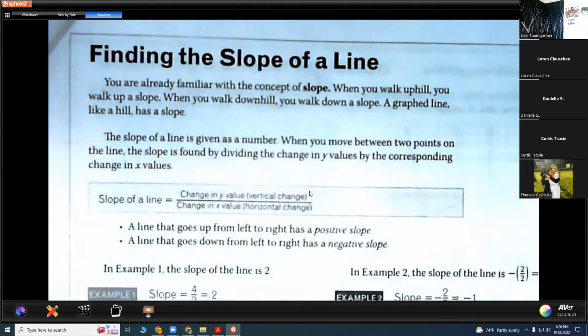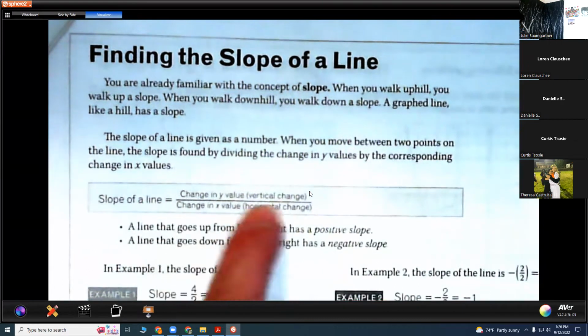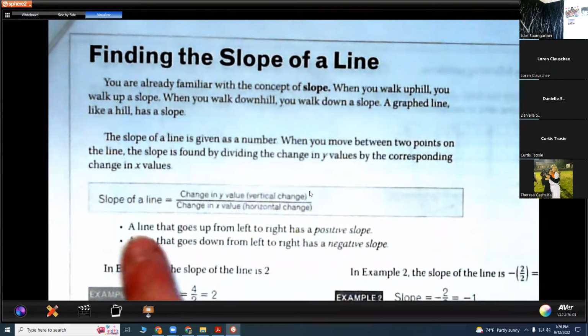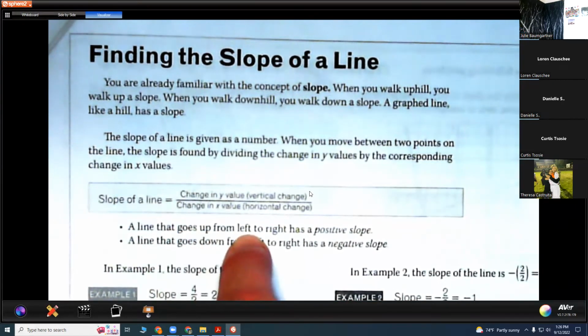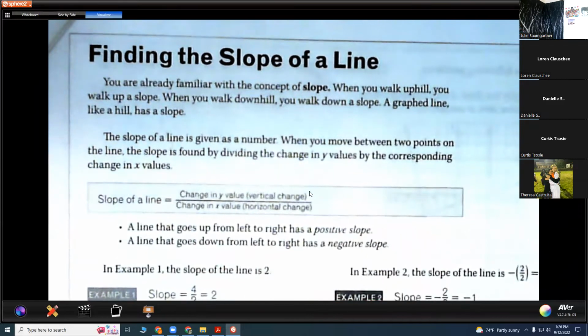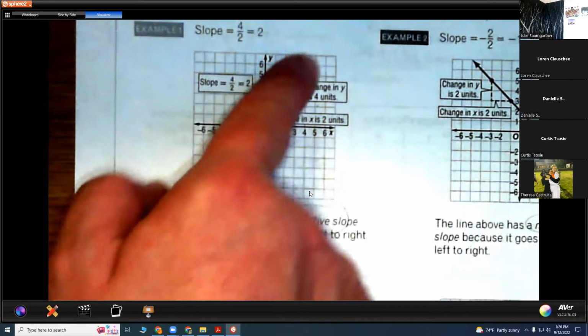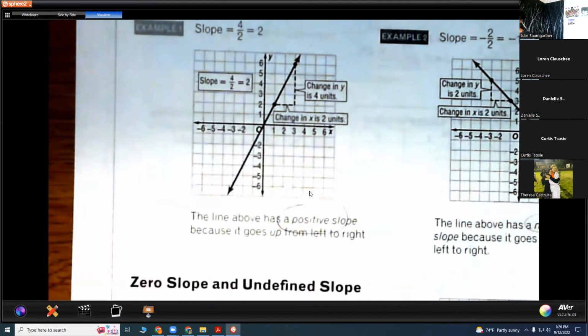Up or down between 2 points or 2 parts of the line, and the change in x, okay, the horizontal change. And then, right, we know that a line that goes upward from left to right has a positive slope, right? Like this line here, right? We can also think of it as like increasing if this is more of a data chart.